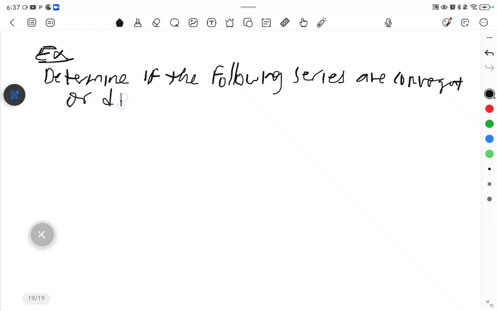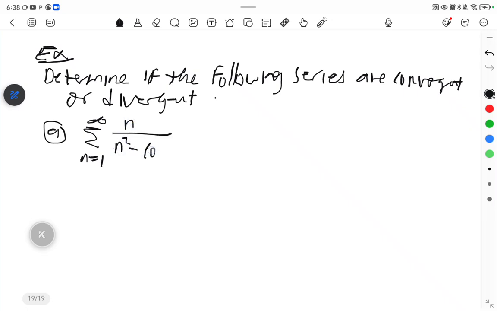You see, right? And then the first one is we're given the summation n from 1 up until infinity of n over n squared minus cos squared n.